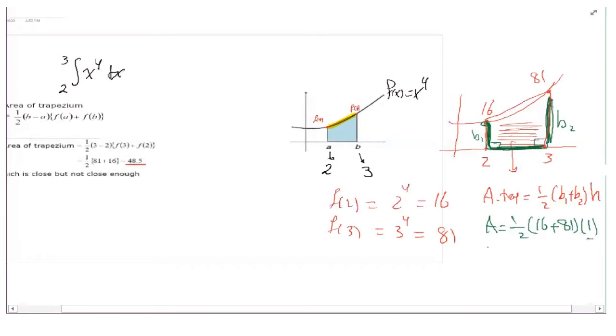So half multiplied by 16 plus 81 is equal to 48.5.